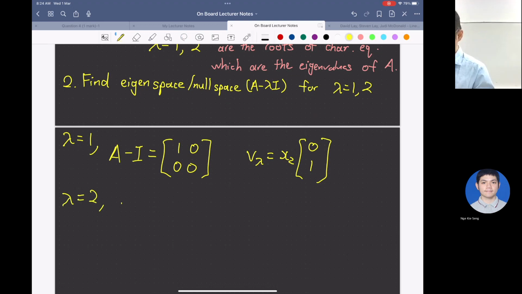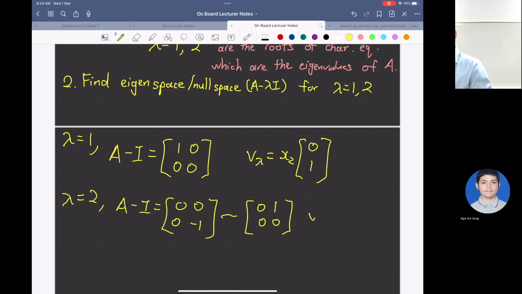When for lambda 2, what do you get? You get minus 1, 0, 0, 0. If you like, you can row reduce this to 0, 1, 0, 0. Where you get, maybe I put here v1, here v2, equal to x1 times (1, 0).